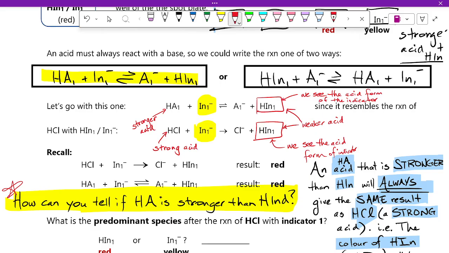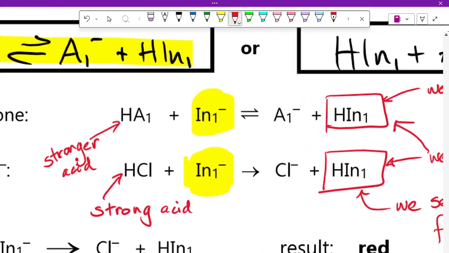If the HA1 is on the same side as the HCl, then no. Not if it's on the same side, because I could have something that's weaker and then I would just see the yellow color. If HA1 were weaker, we would see yellow.